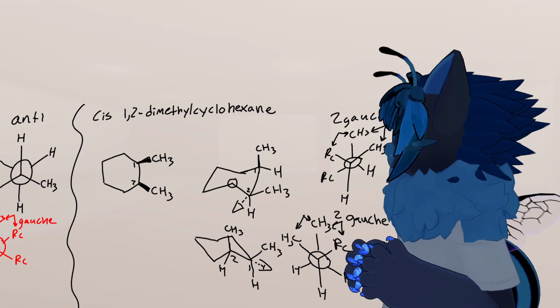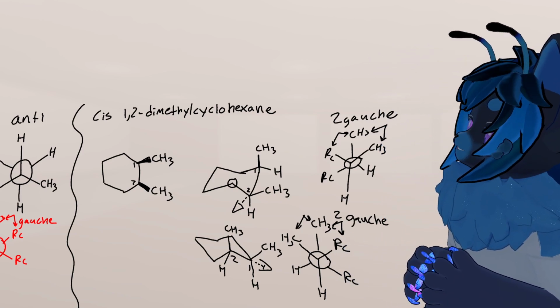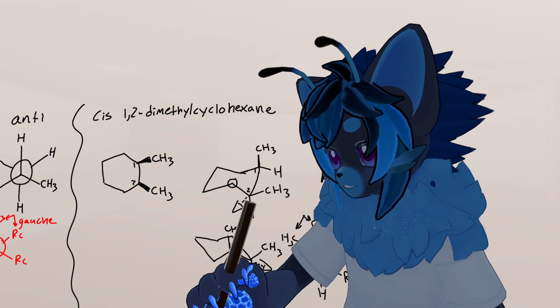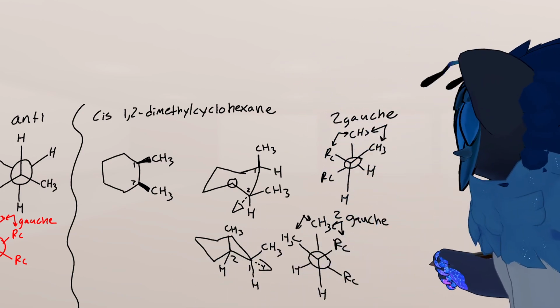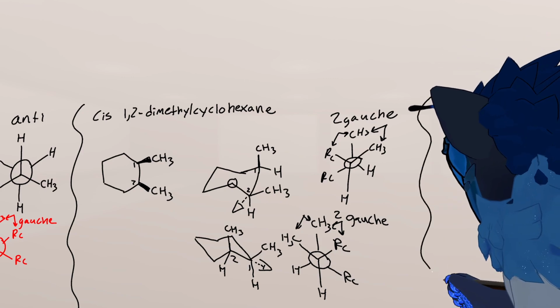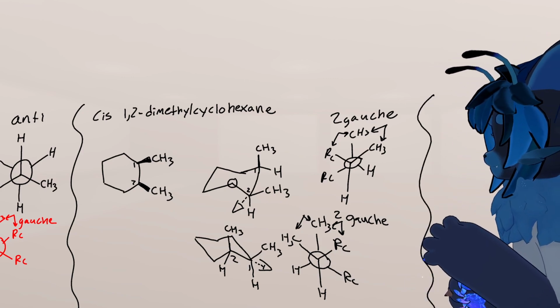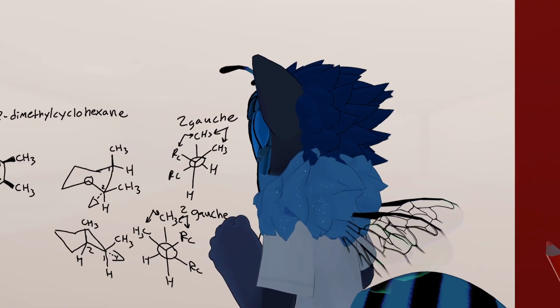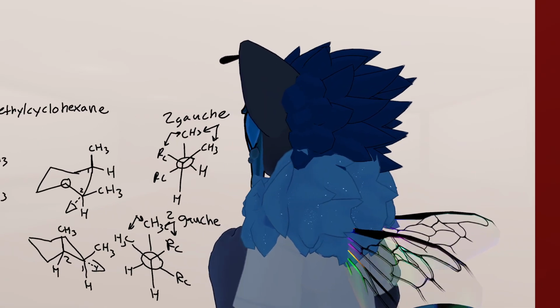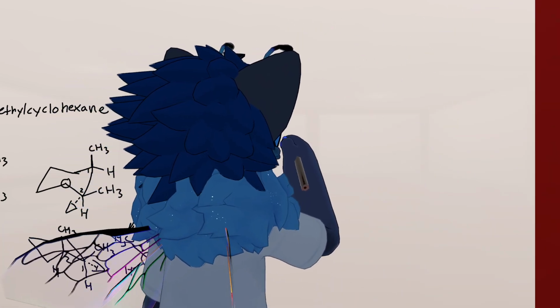And so let's talk about, let's bring another example. A perfect example of this would be something like a trans 1,4-dimethyl.